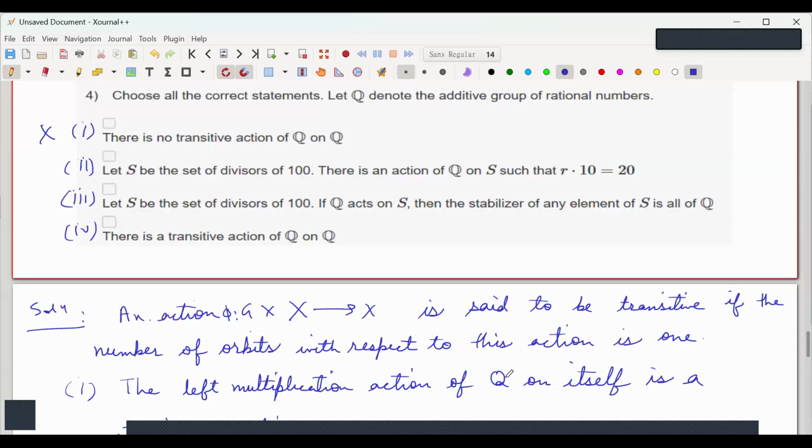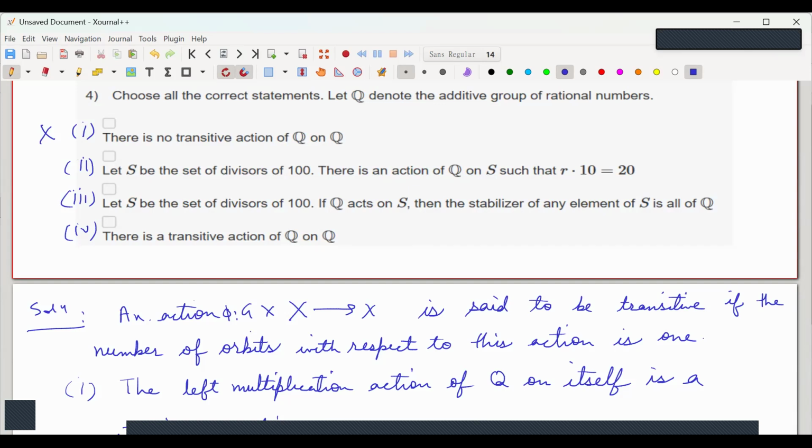Sir, are you discussing the second one? Yes, the second one. Oh, the second one is false. Yes. But then, since I got the definition itself wrong, somehow I still ended up knowing that this is false, but this doesn't need to do anything with the transitive action. That's nothing to do, right? I'm just saying, is there an action of Q on S which maps 10 to 20?